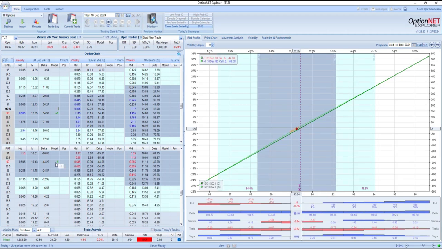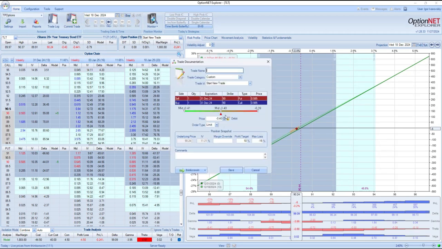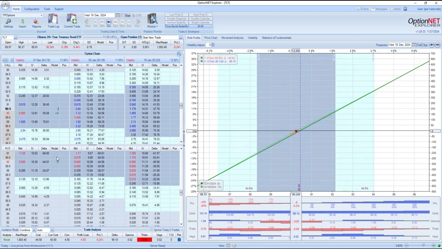We're short the 90 put and we're long the 90 call, right? This is going for about a 40-cent debit, but the requirement is still going to be whatever your broker is going to ask to hold the 90 put short.